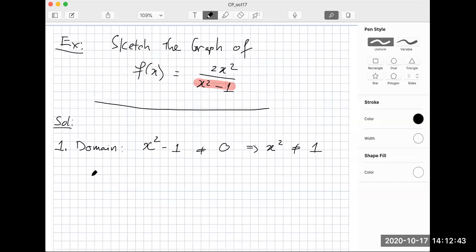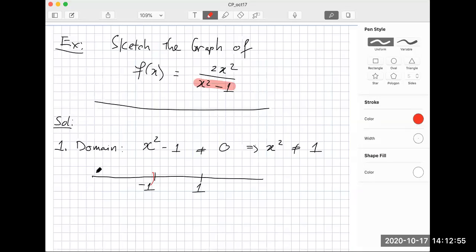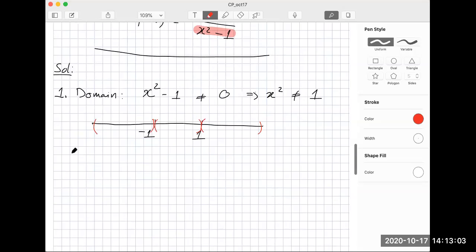And if this is the real line, with negative 1 and 1 here, x should not be these two values. So it should be this interval.